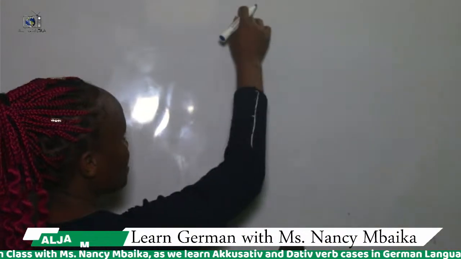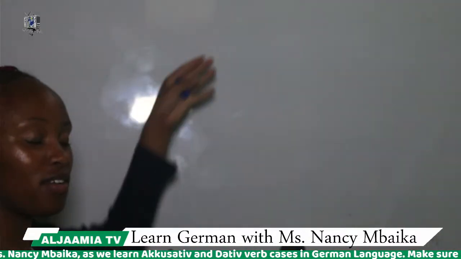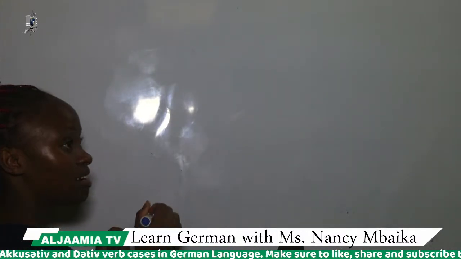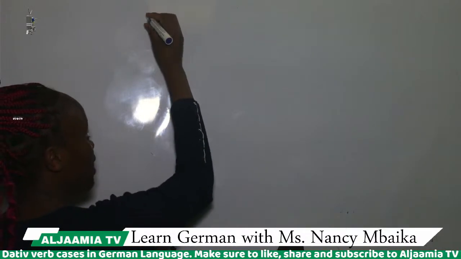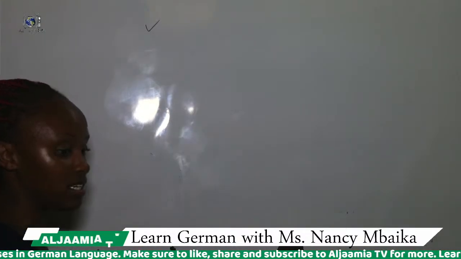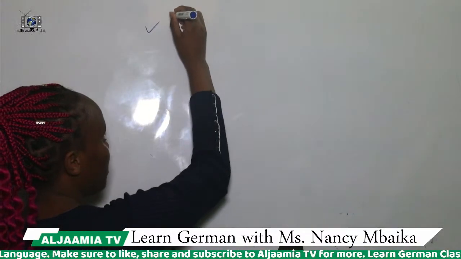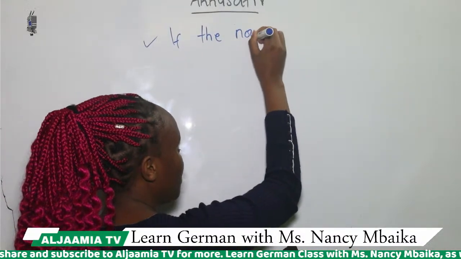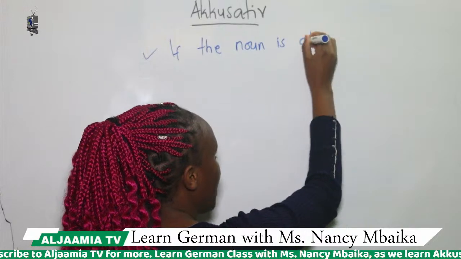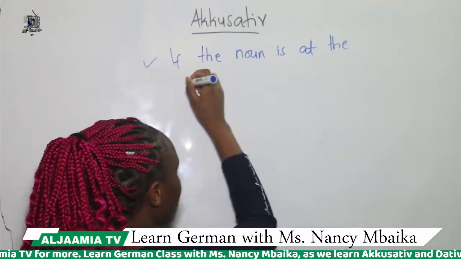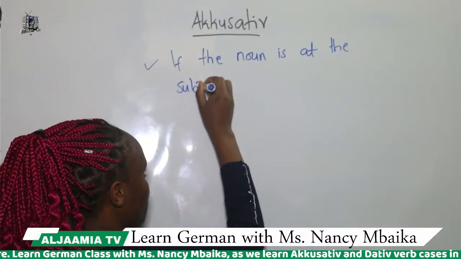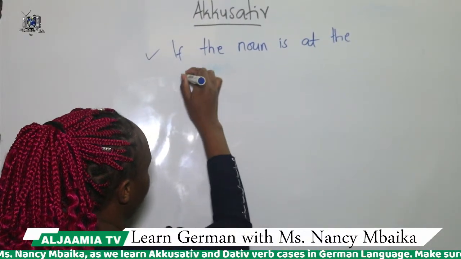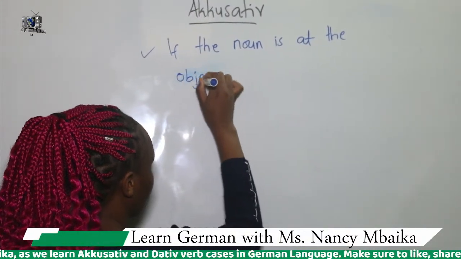So how are we going to use now the accusative case? It being now the only topic that we were supposed to tackle today. So the accusative case, I'm going to give some rules. The first one, we are going to use it if the noun is at the object position.